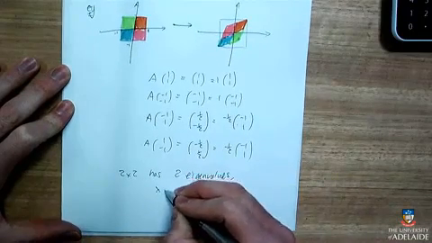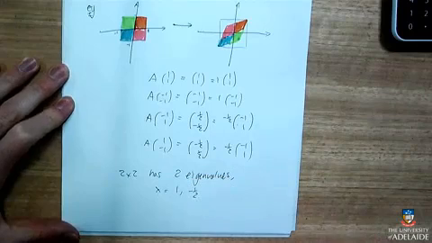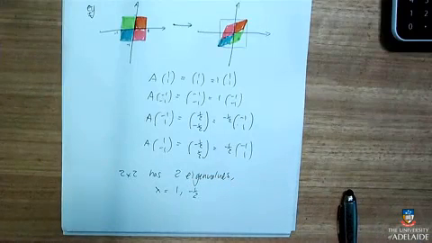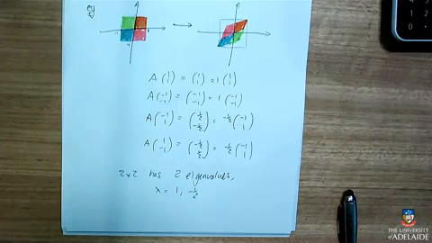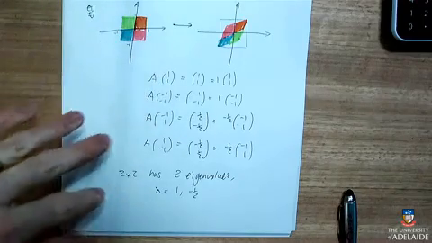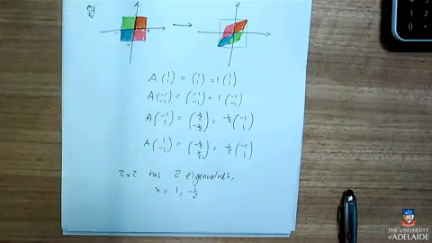And so we have lambda is 1 and minus a half. In fact, I can even figure out what the matrix is from the information I have now. Because I know what A does to a couple of vectors that are independent, I should be able to now figure out what the matrix is.